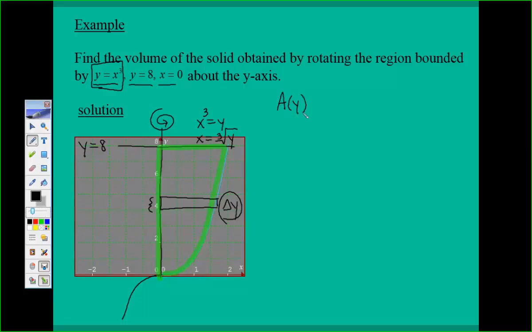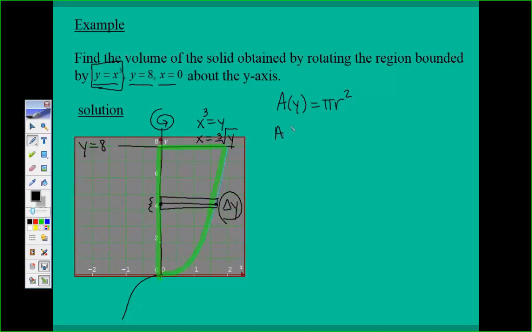We know the cross section, when we rotate that rectangle around the y-axis, it's going to be a circle. This would be the radius. Area of a circle, pi r squared.